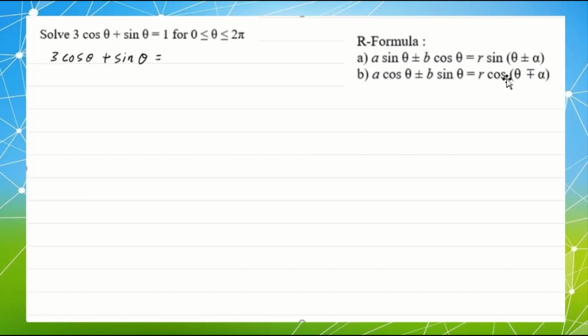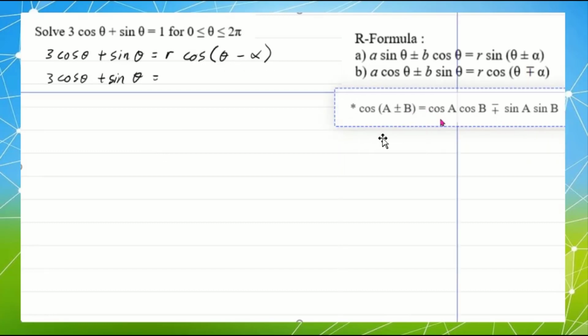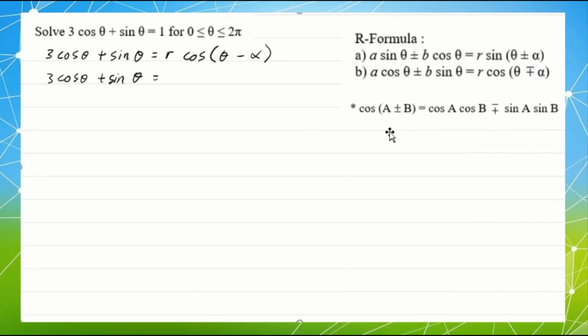So we choose this R formula. So that is R cos of theta minus alpha. Now after determining the correct R formula, next we need to expand cos of theta minus alpha based on this trigonometry identity.